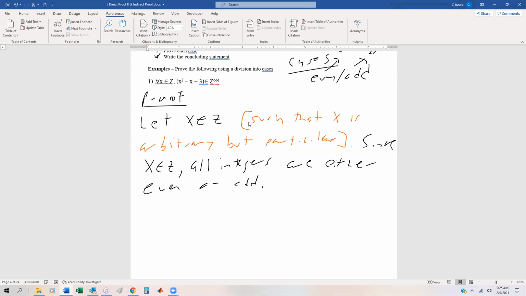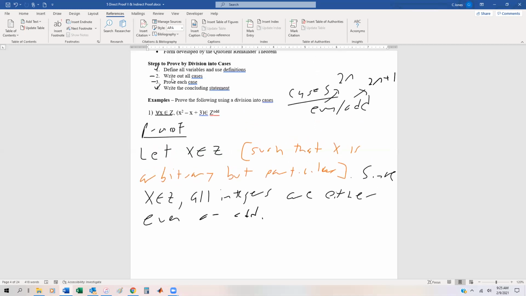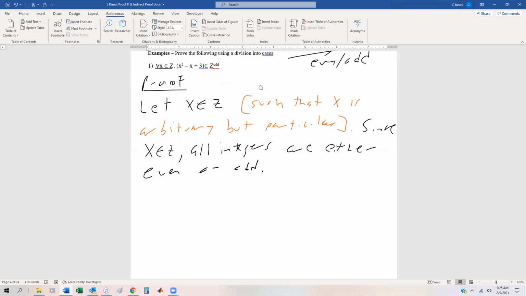So those are our 2 cases. So we've defined the variables, and then we've written out the cases. All right. So now we're going to prove each case. Okay? So we're going to have basically a subheading, all right? And for computer science people, a subroutine or a function.